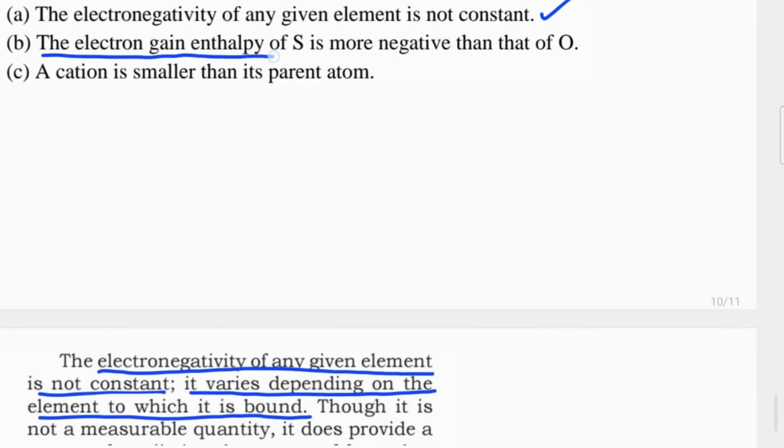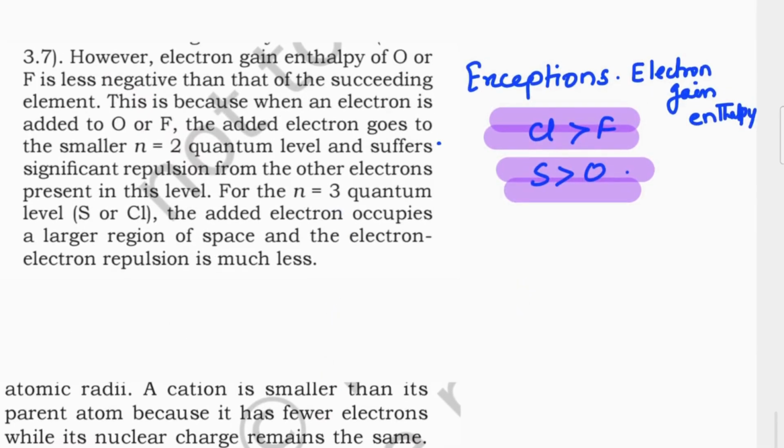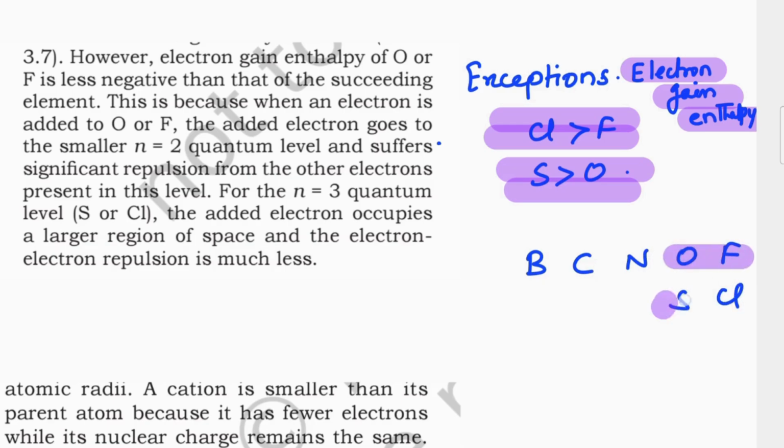Next, the electron gain enthalpy of sulfur is more negative than that of oxygen. Again, this is also there in NCERT. Whenever we talk about electron gain enthalpy, we have two exceptions. One is chlorine. So these two are the exceptions.